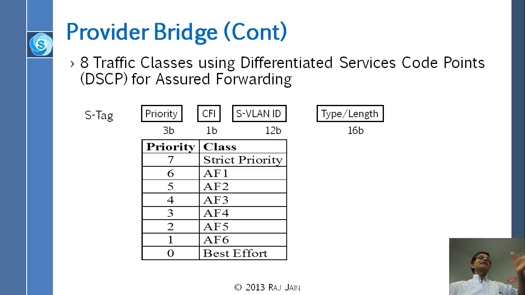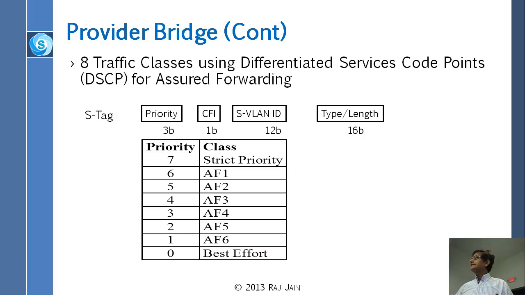AT&T will assign different priorities to the traffic, and that priority is put here in this tag. In the outer tag, the priority is the priority for the service provider, which could be different from the customer's own priority. Depending upon how much you pay, you get higher priority.